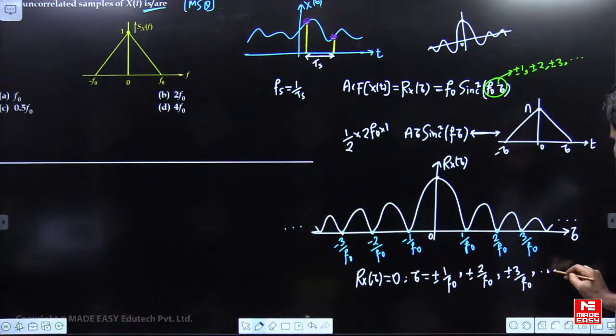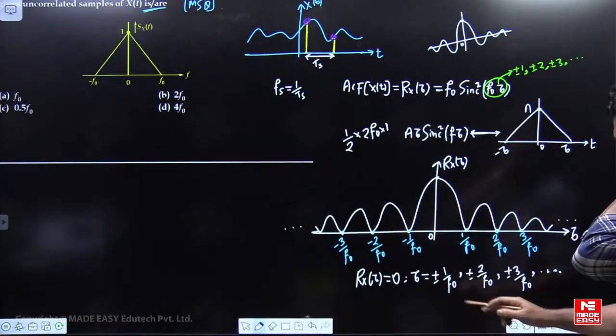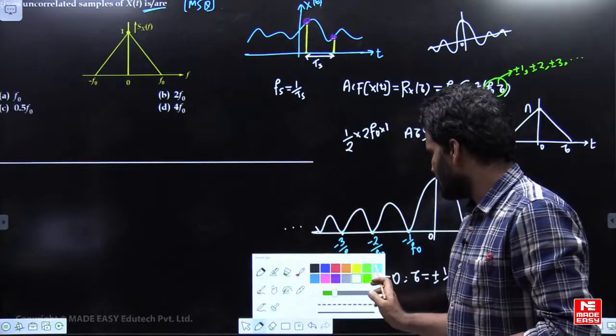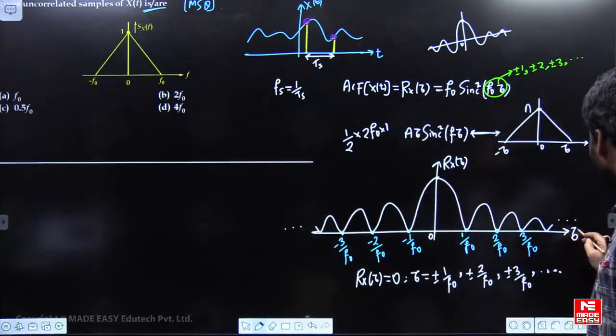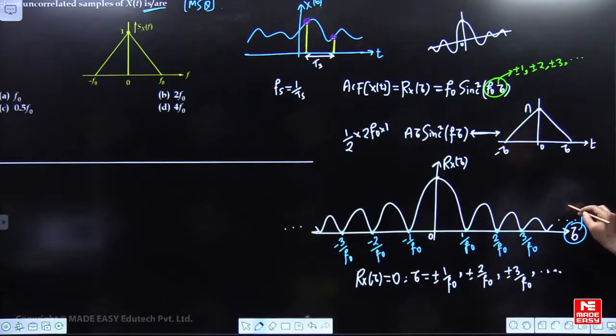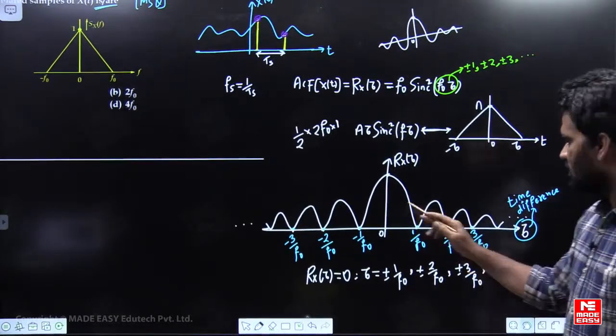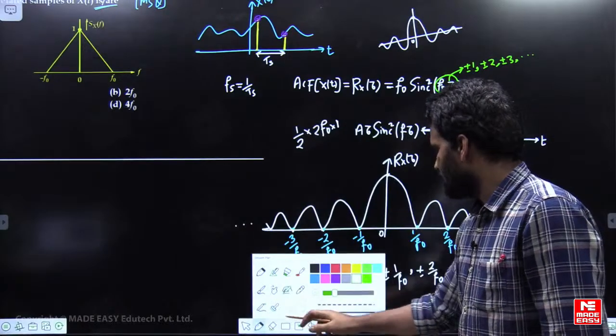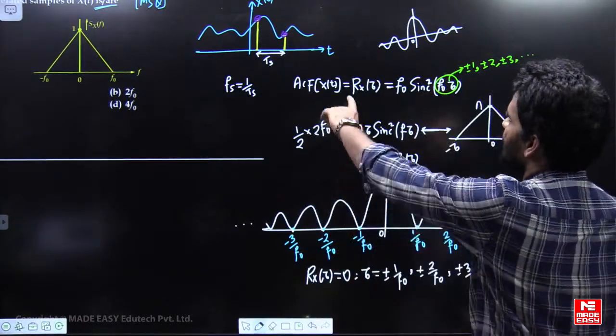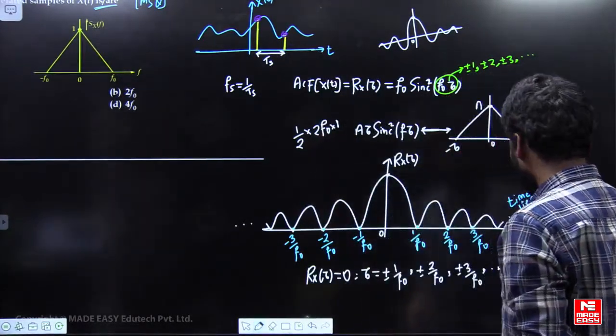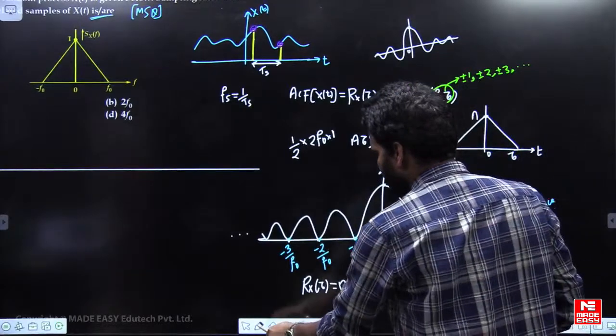This is becoming 0. In plotting Rx(tau) with respect to tau, tau specifies the time difference only, you have to understand. Time difference means we are estimating, okay, what I am trying to find from this ACF is I am trying to estimate the correlation of this random process x(t) with the time difference of tau.